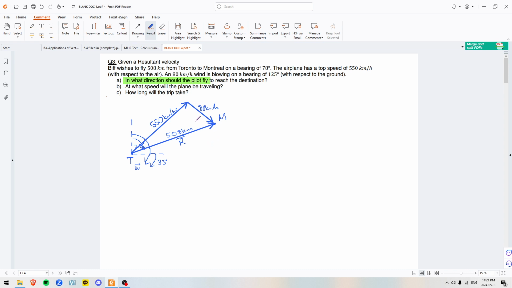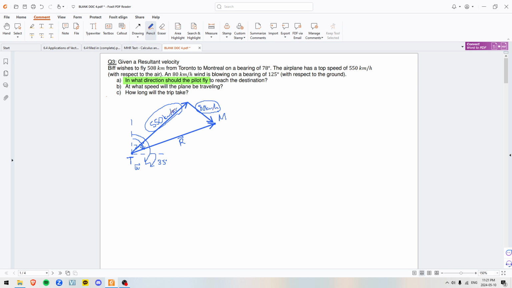So let's take a look. What am I going to use? Since I am looking for the direction the pilot should fly, and this gives me a speed, I'm assuming that I use the speed here and the speed here. I actually can't use 508 right now. Why? Because when we're using sine law and cosine law, the units or magnitudes have to agree in the nature in which they describe.